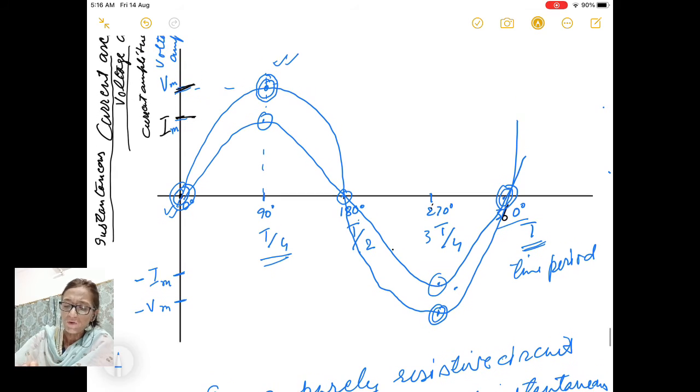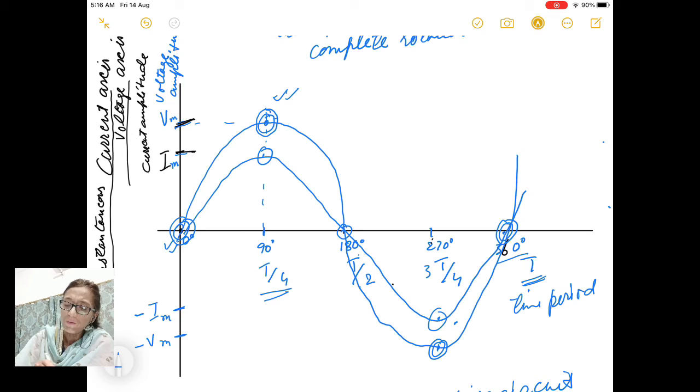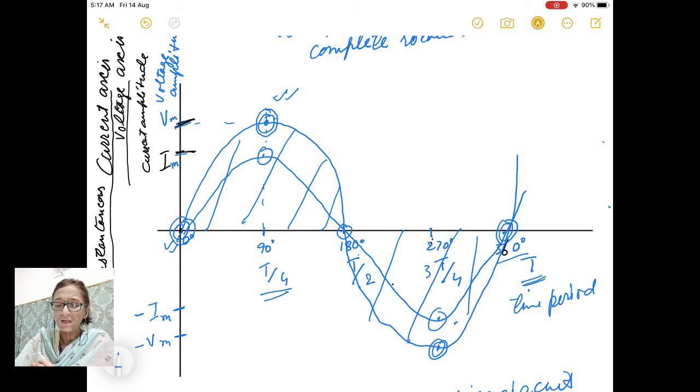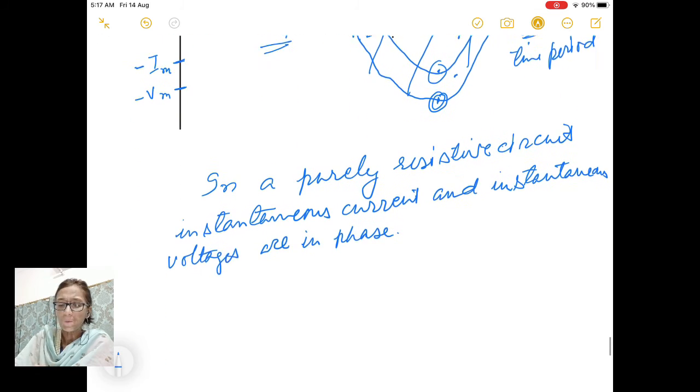In this graph you can see, in one complete cycle, half of the cycle is along the positive y-axis and half of the cycle is along the negative y-axis. So the net current or net voltage in one complete cycle becomes equal to 0.